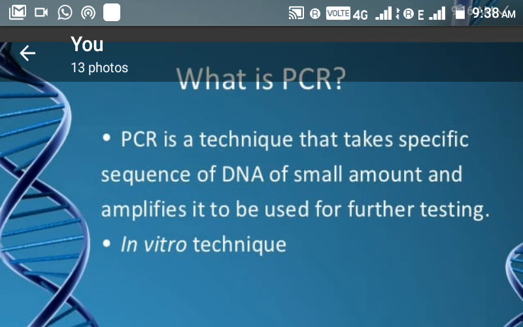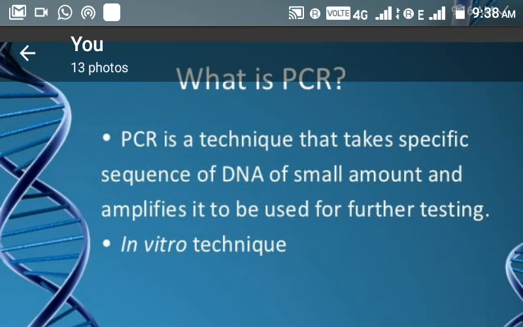Suppose you have a very small amount of template, so first you have to make your template in large amount, then you will proceed further. For that purpose PCR is used. This PCR is one of the most important and revolutionary advancements in the field of biotechnology.